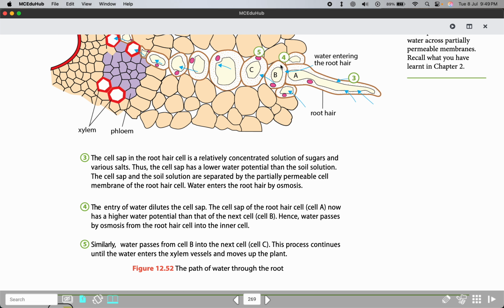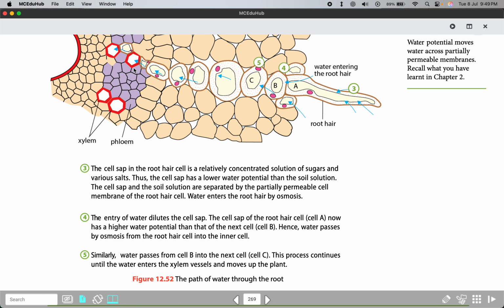Whenever there's a higher water potential in one cell, water will move on to the cell with the lower water potential, until eventually it reaches this red area, which is our xylem vessels.